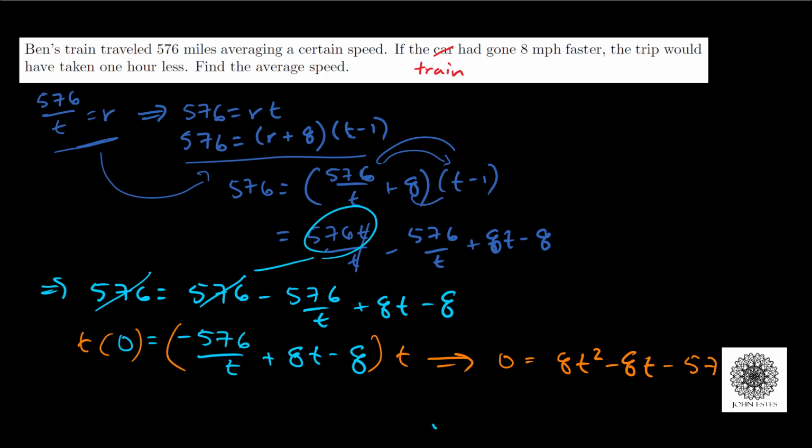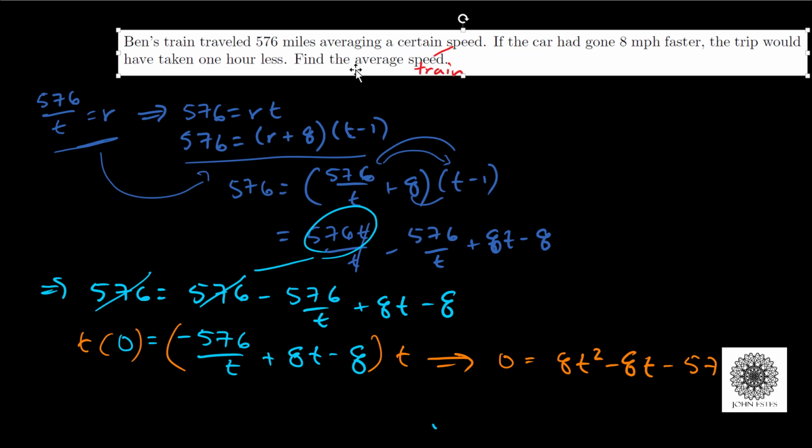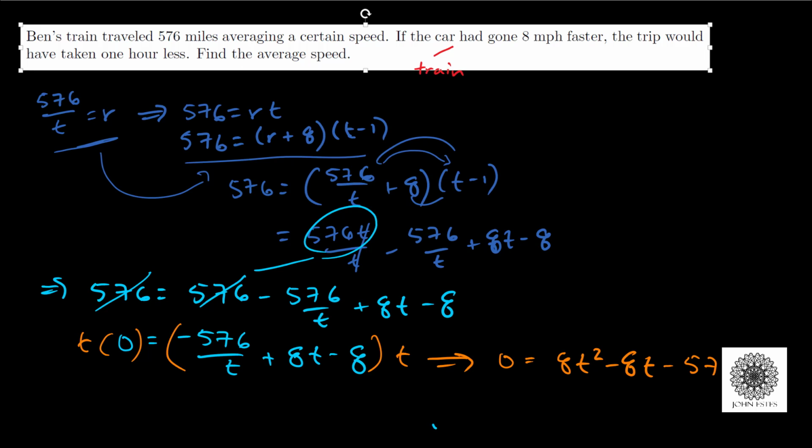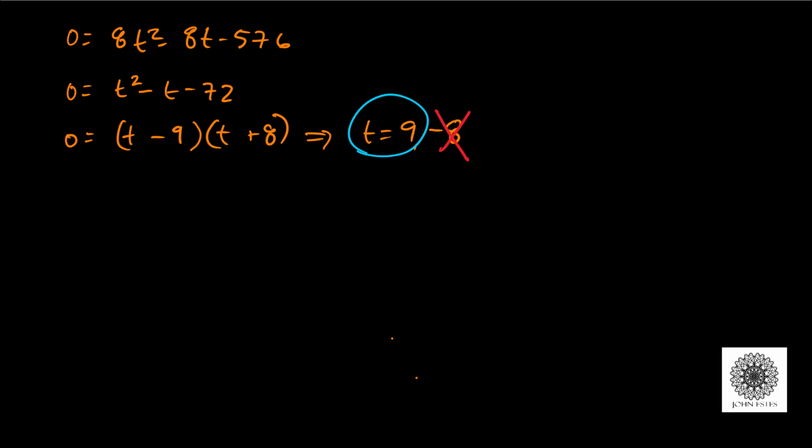The question, if you think back to the beginning, was asking for average speed, right there. So we're looking for this R, but we have this relationship, 576 over t equals R. So my R that I'm looking for here is 576 divided by 9, which is 64, and that's in miles per hour.